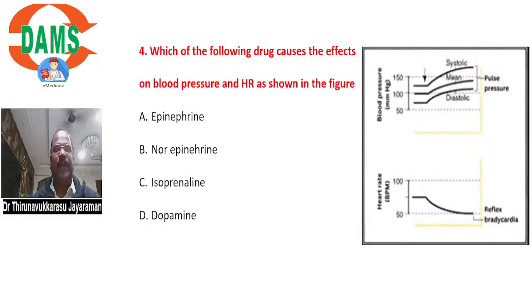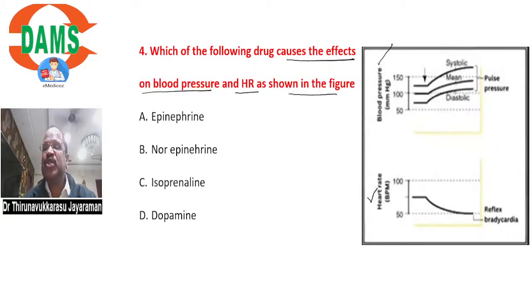Which of the following drugs causes effects on BP and heart rate as shown in this photograph? Look at the photograph. Here they give BP response and heart rate response. The findings are systolic BP, mean BP, diastolic. See, the systolic BP, from here it gets elevated. Diastolic, from here it gets elevated.